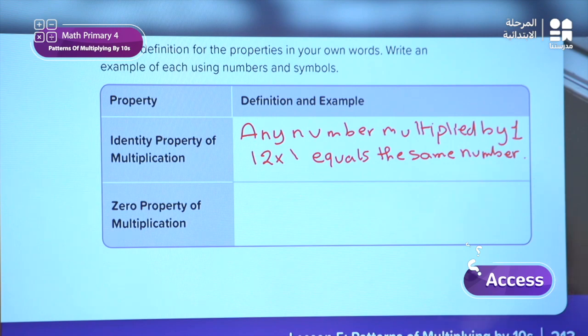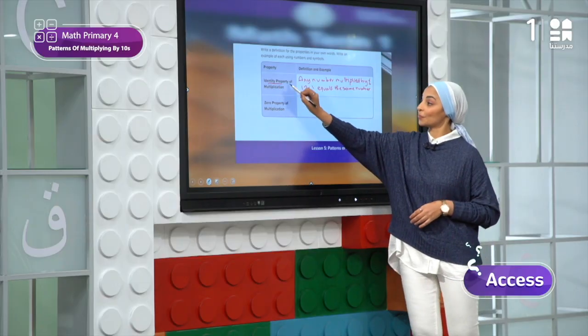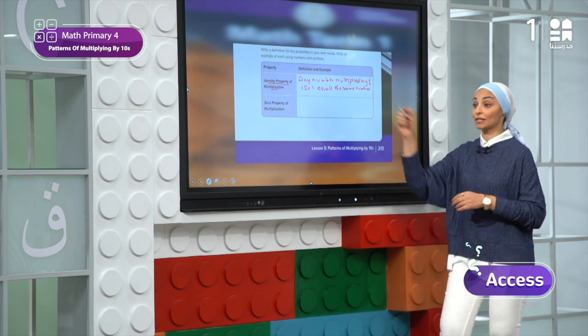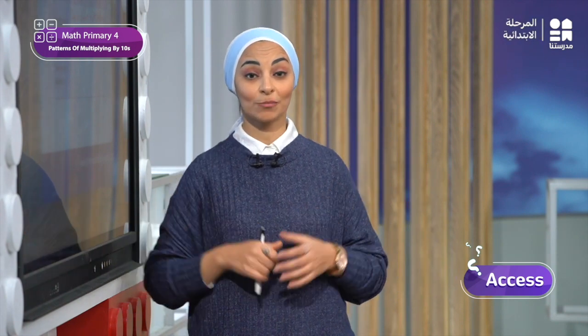Okay, any number times 1 gives me the same number. And this is what is called the identity property of multiplication. This is the definition of it. This property means that any number multiplied by 1 won't change, gives me the same number.